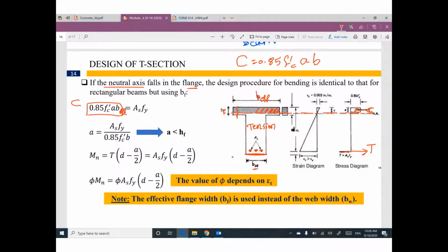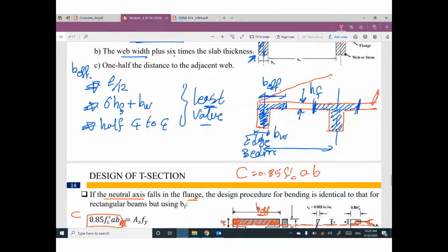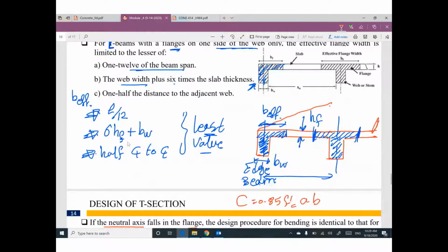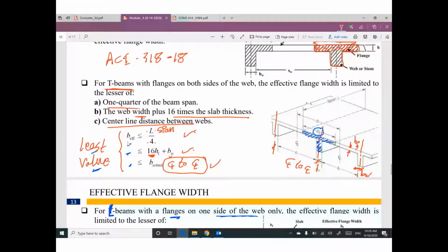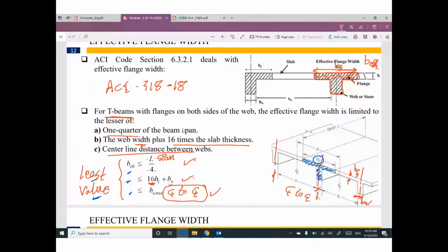So what is the width of this area? It is B effective, not this width as normal. How can I figure out the value of B effective? Go back. Are you in this case or this case? 90% will be in this case.